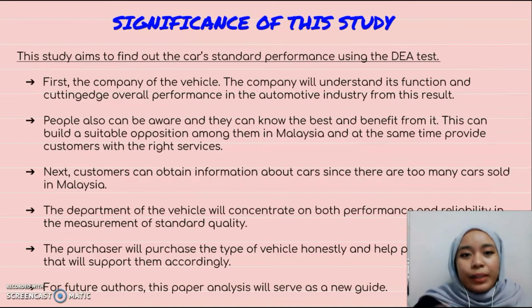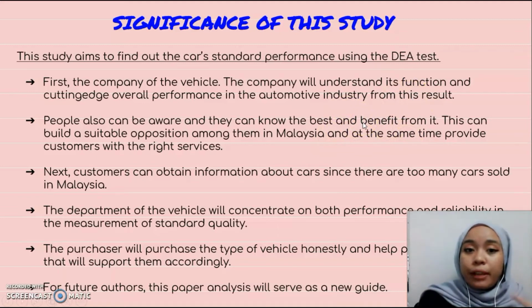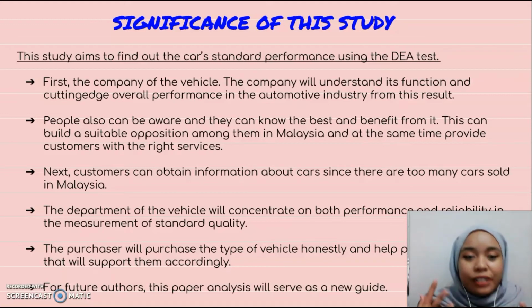Okay, what benefits can we get from this study? Firstly, the company of the vehicle itself will understand its function and the cutting edge of overall performance, and people can also be aware that they can know the best and benefit from it. After that, customers can also obtain more knowledge and information, since there are too many cars sold in Malaysia.